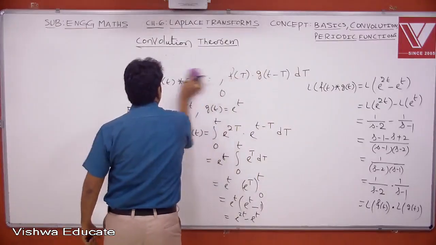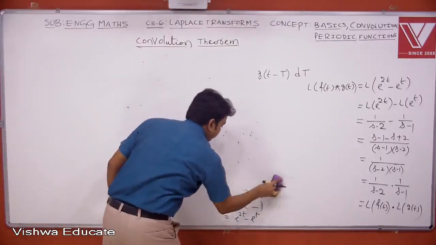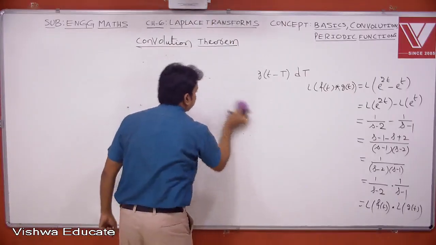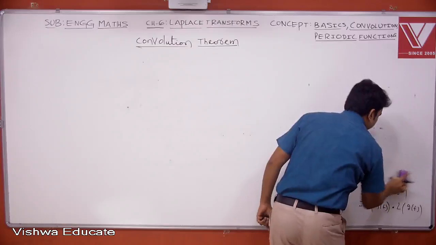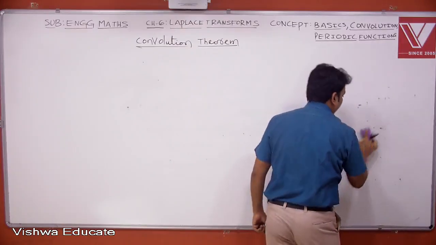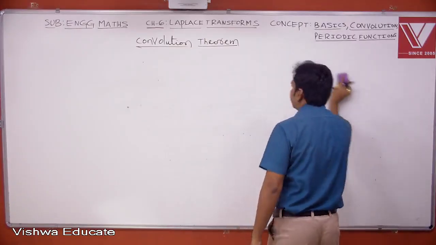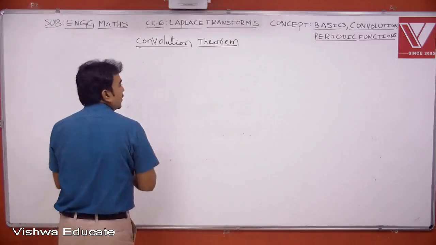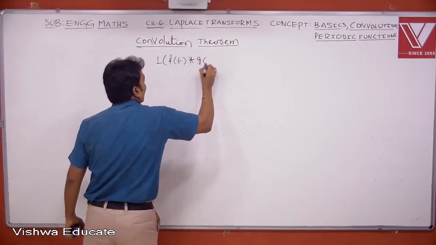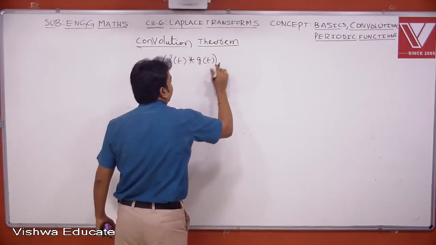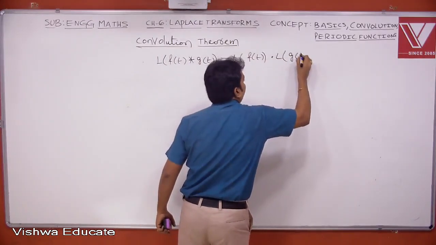It states like this: the Laplace transform of f of t star g of t is the Laplace transform of f of t dot the Laplace transform of g of t.